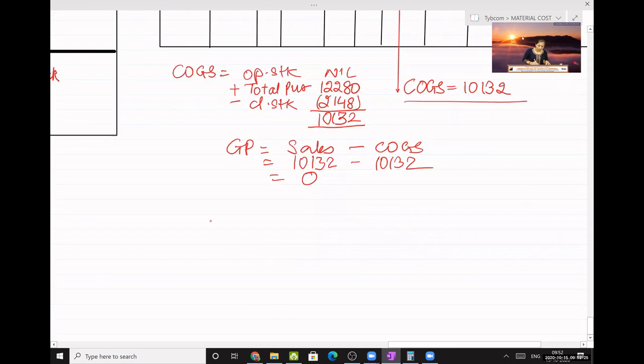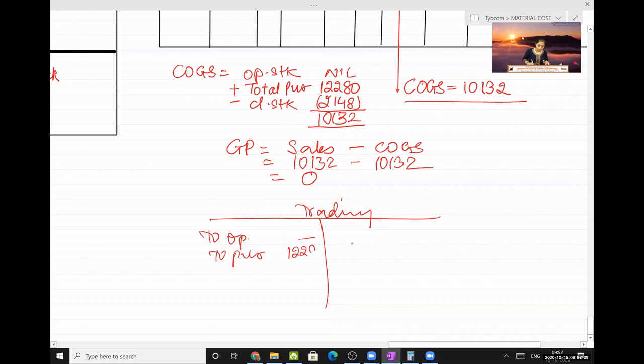The same thing you can also check by making a trading account. Opening stock is not there, I mean nil. Then to purchases, almost 12,280. Then by sales, but it is not at selling price but cost price, so 10,132. And by closing stock, how much is it? 2,142.